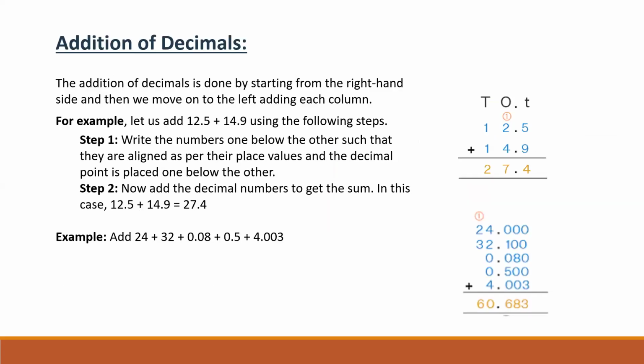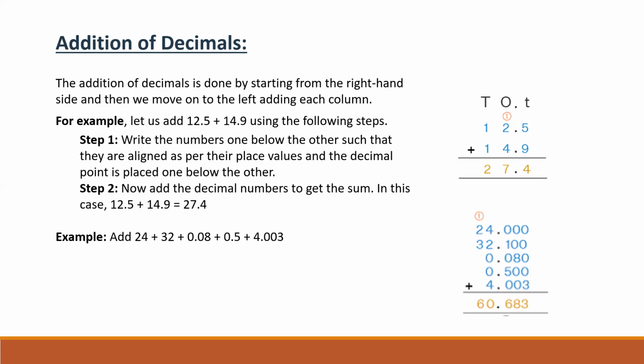Now here, addition of decimals. The addition of decimals is done by starting from the right hand side and then moving to the left, adding each column. For example, let us add 12.5 plus 14.9 using the following steps. Step 1, write the numbers one below the other such that they are aligned as per their place values and the decimal point is placed one below the other.